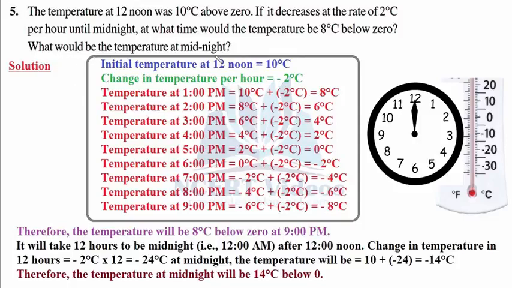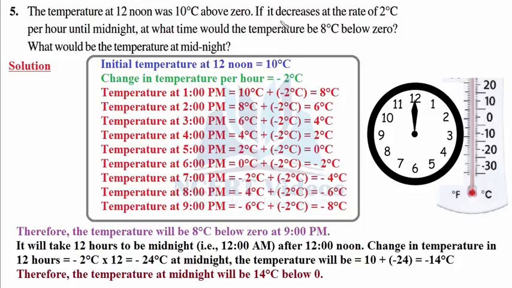So the question is, the initial temperature we are given is at 12 noon, exactly when the clock is here. You don't call it afternoon or morning, it is noon, exactly at 12. The temperature is 10 degrees Celsius. Now the change in temperature per hour is a decrease, therefore we take a minus sign.